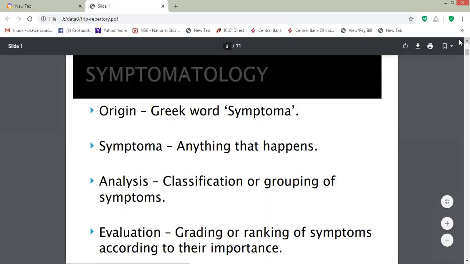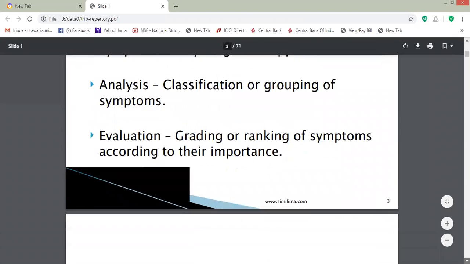So in analysis, we have to classify or group the symptoms. In evaluation, we have to grade, we have to rank the symptoms according to their importance. We discussed different gradations in different repertories, and these gradations are given according to the importance of the remedy in that symptom.